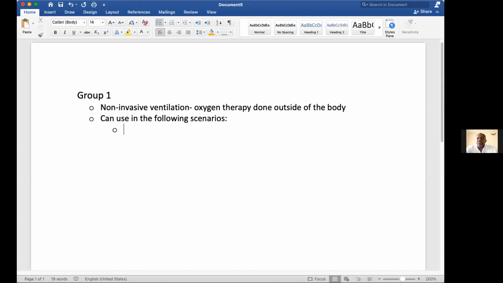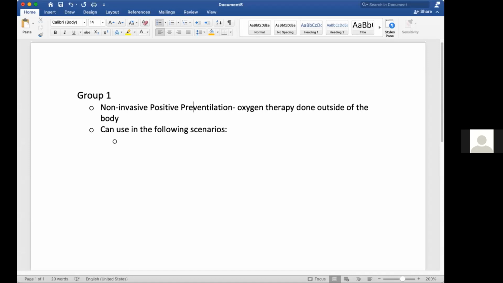Examples of complications: it causes abdominal distension, emphysema, it can cause pneumothorax, and it can also cause pressure sores on the nose. Briefly, this is what we looked at. Maybe the group members can add or subtract. Thank you.